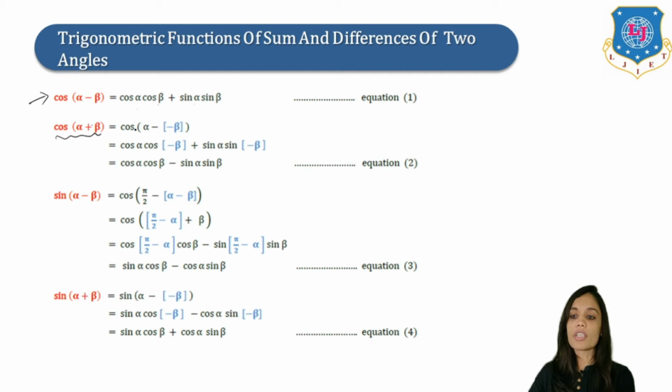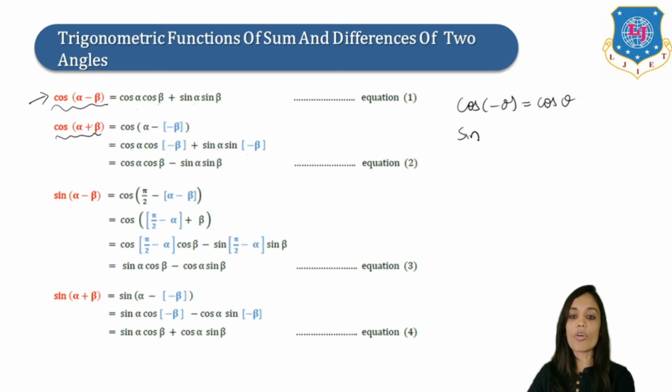So this can be written as cos(alpha minus minus beta), right? Again use this formula, so we will write it as cos alpha cos(minus beta) plus sin alpha sin(minus beta). Now we know that cos is an even function, so cos of minus theta is cos theta.